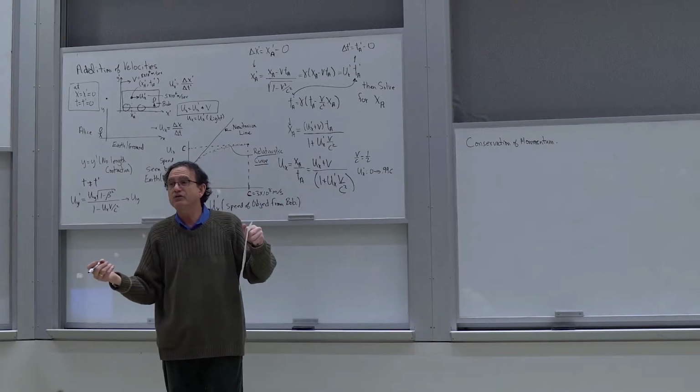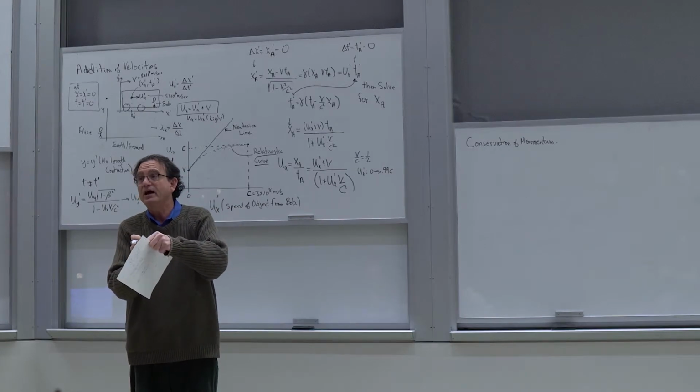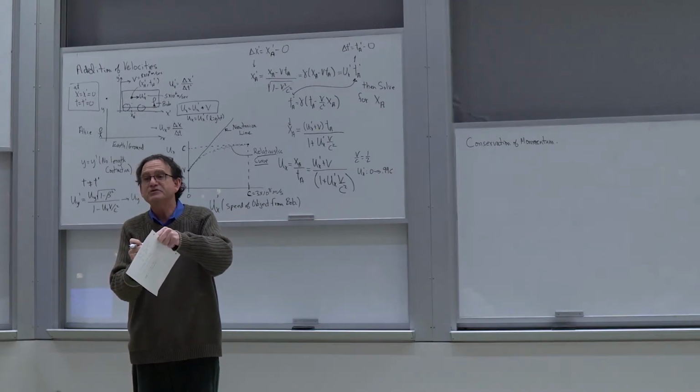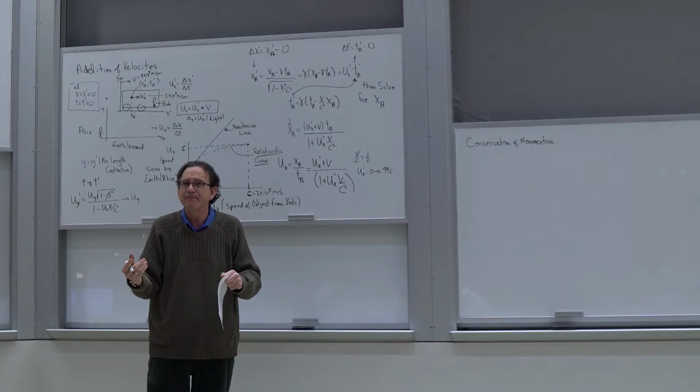So if I know the initial velocities and directions of the two particles before they collide, I can calculate the position, the angles and the speed of the particles after they collide. The conservation principle allows that.